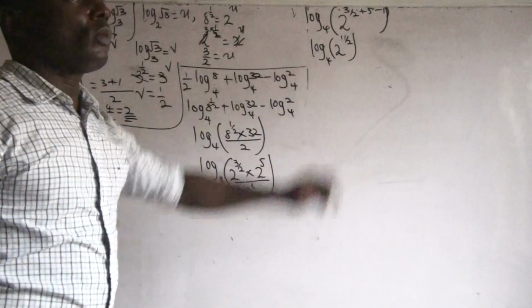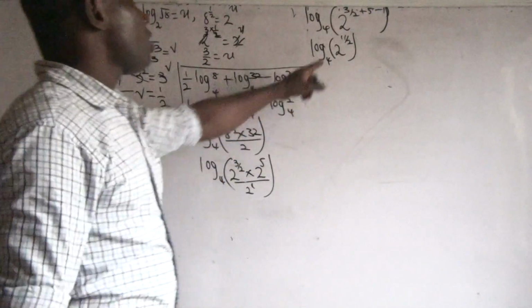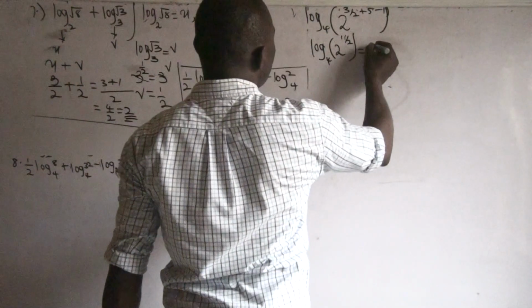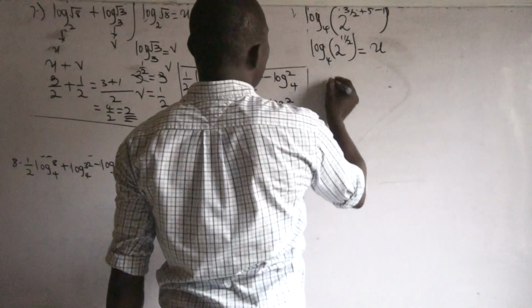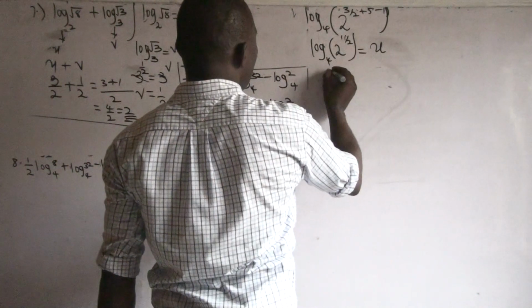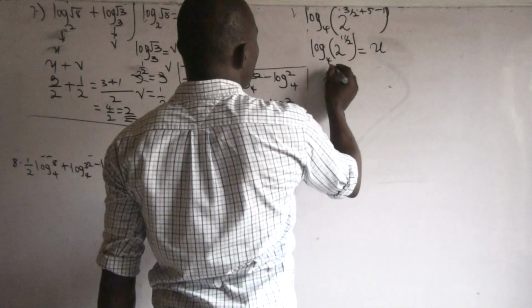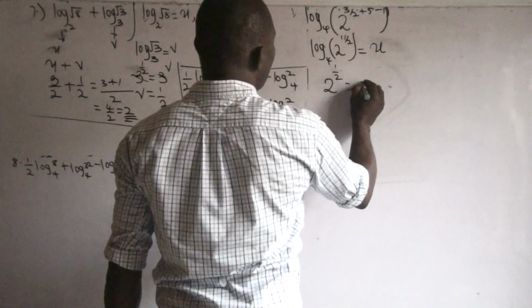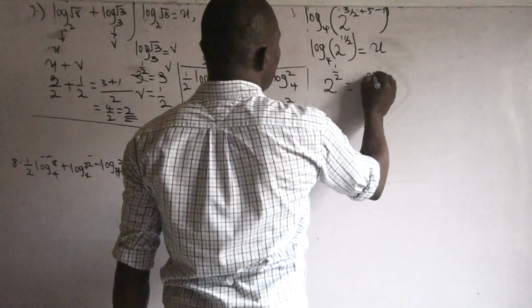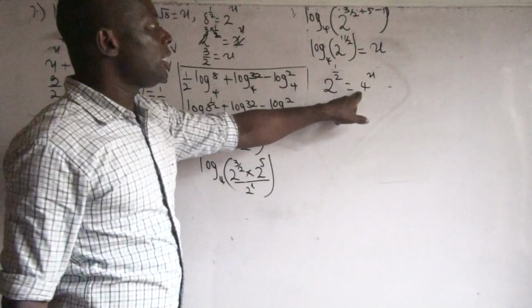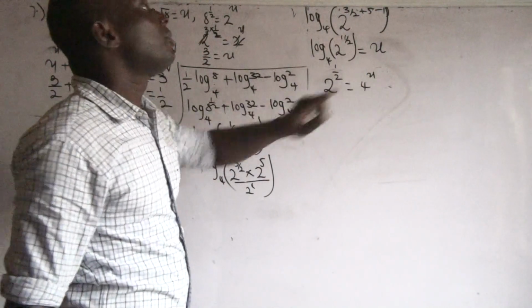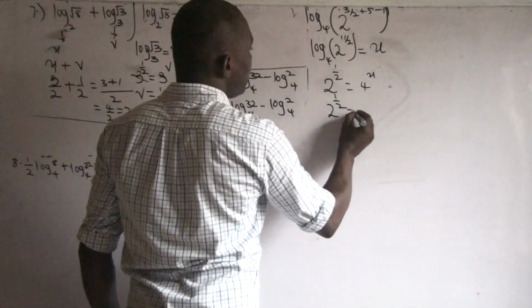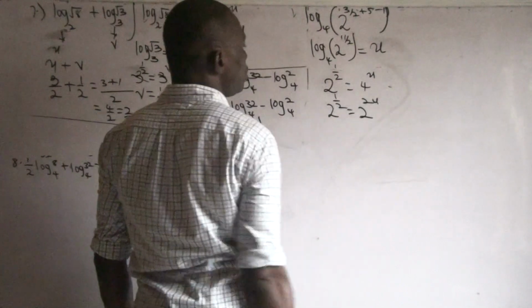Then you see this base here, there's nothing common with this and this. But here we'll now continue to say, let the whole of this logarithm be u, so that we have 2 raised to the power 1 over 2 is equal to 4 raised to the power u. Here this 4 we can make to be 2 squared. So we have 2 raised to the power half is equal to 2 raised to the power 2u.